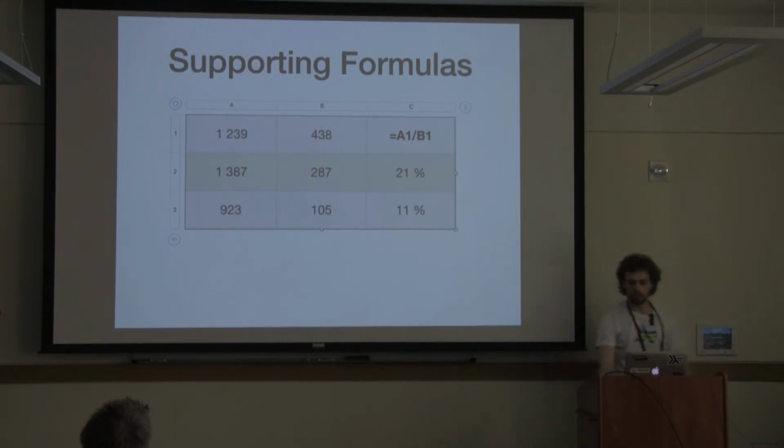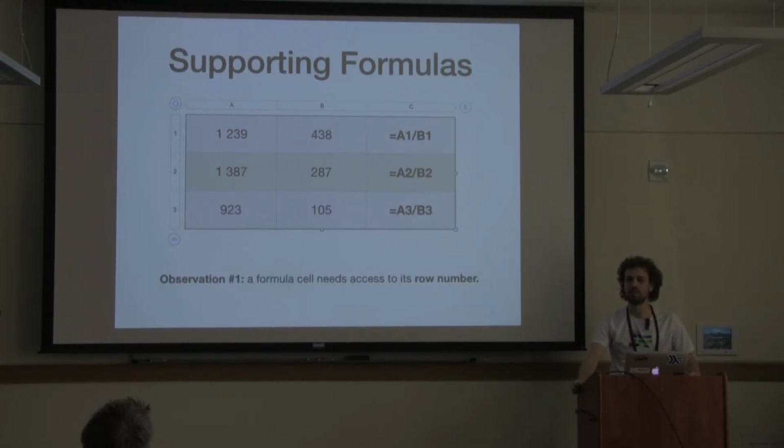Okay? But obviously the formula is not the same for all the cells in the same column, right? The row index differs. So first observation is that whenever we build a value that we want to put in this cell, we have to know information about which row this cell is in, right?